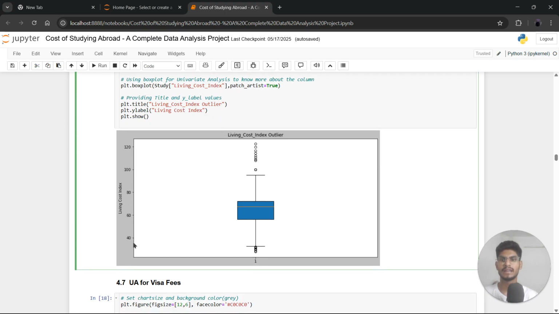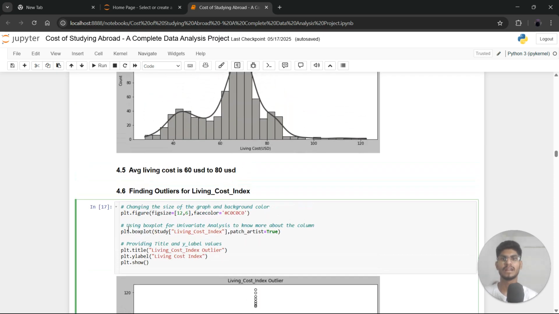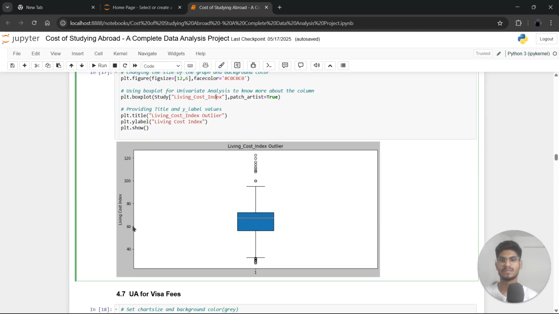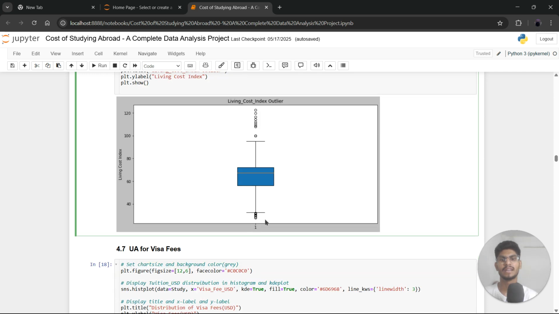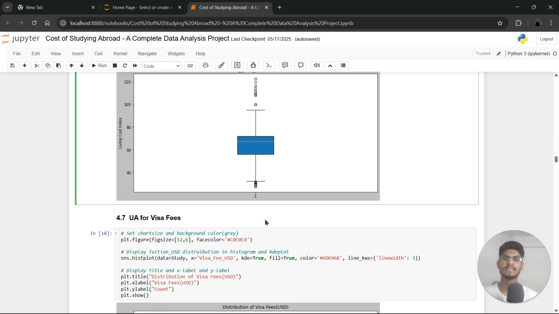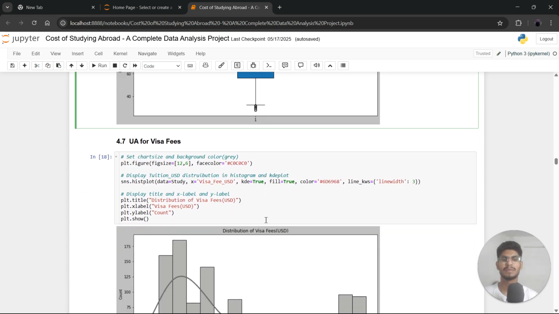So you can see that we have outliers, as we figured out right here, the most of the values fall between 60,000 to 80,000, and values above 100 are the outliers within the data. So either we can remove those outliers, or replace those outliers by something else as per the requirement.